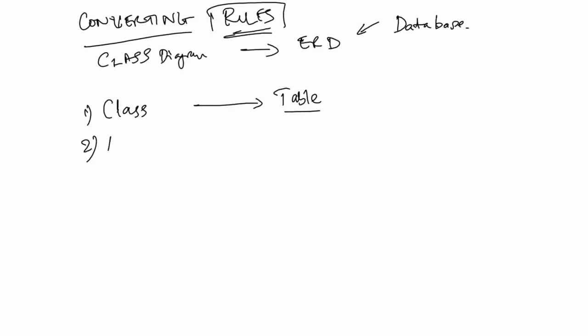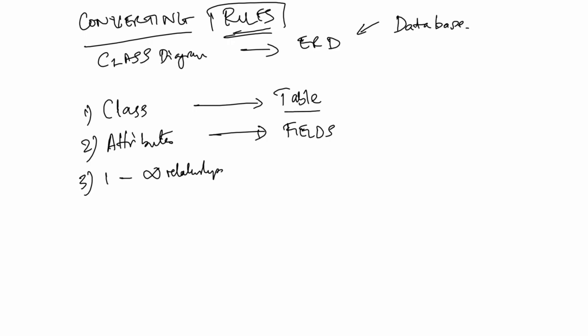Second rule is attributes become fields. Three, I'll explain these details to you later on. Then you map one to many relationships. This is where you introduce primary keys and foreign keys.